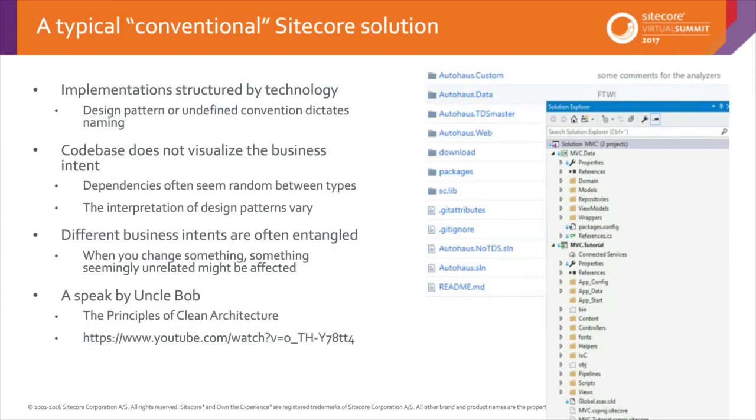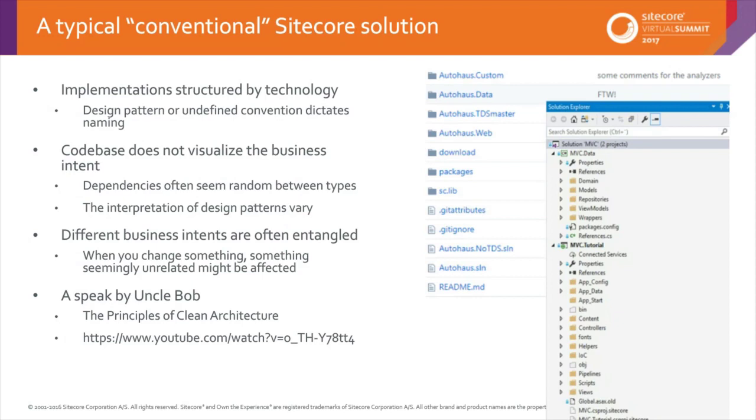So a typical, or let's call it conventional, Sitecore solution. This is what you see at many clients, agencies. This is an example of solutions that could potentially benefit from being refactored into Sitecore Helix.